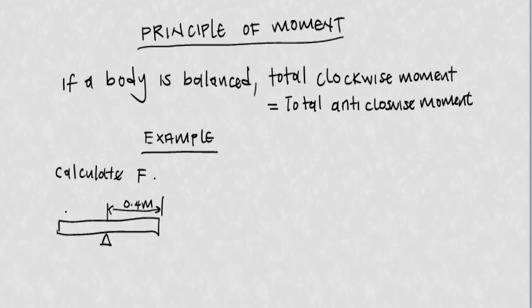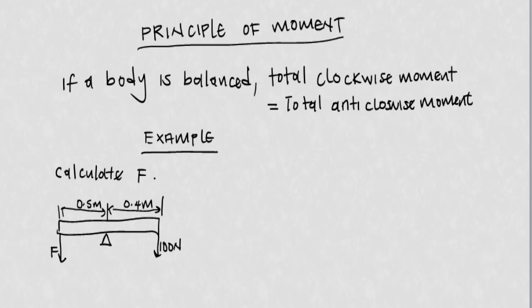Then we also have another distance from that point to that point. Then this distance is 0.5 meters. So from there we have a force here. We have a force, then we have another force here. Now this one has been given to be 100 newtons, then the other one is unknown, so it's the one that we're looking for, force F.